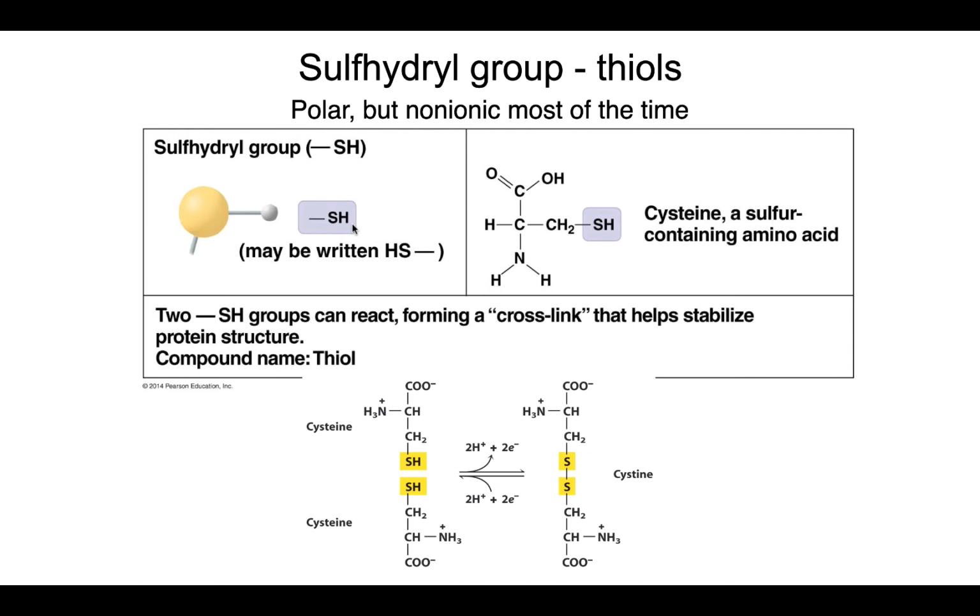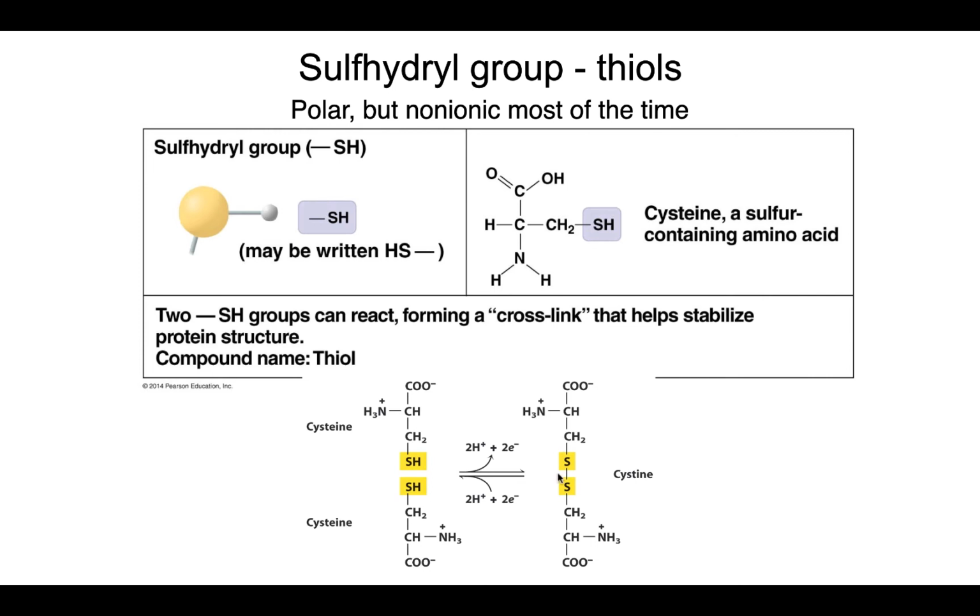One thing that you're going to learn when we start talking about proteins is that, in addition, sulfhydryl groups have this unique ability. If you have two sulfhydryl groups on two different molecules, they can be involved in a redox reaction such that a covalent bond forms between the two sulfur groups and we lose the two hydrogens.